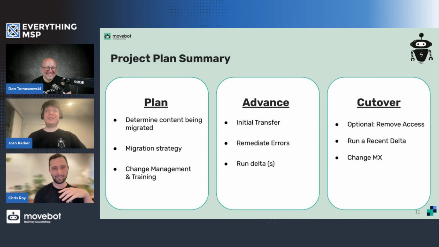Yeah, so basically, just to summarize, it's an overview of those few steps: plan, advance, cutover. As Josh has run through, with these three steps, you're a lot more prepared once you've selected that migration strategy and followed it right through to the cutover. You'll find that at the end of it, you're in a much better scenario.